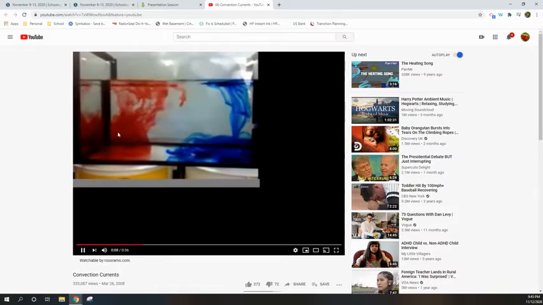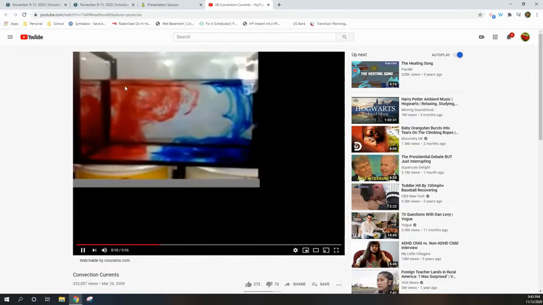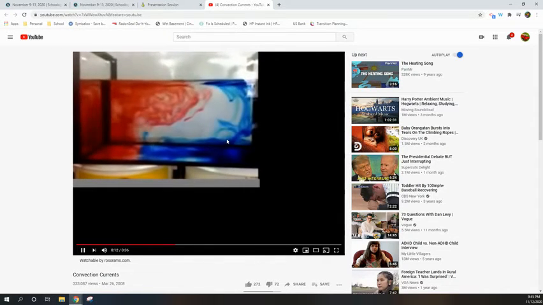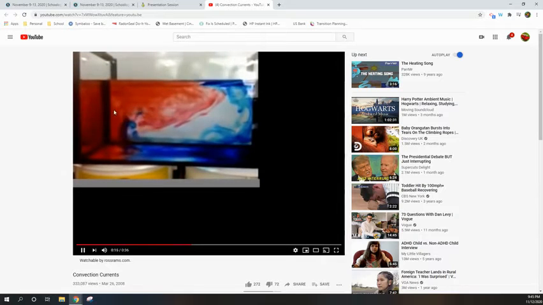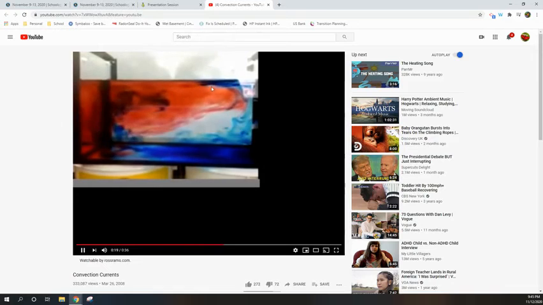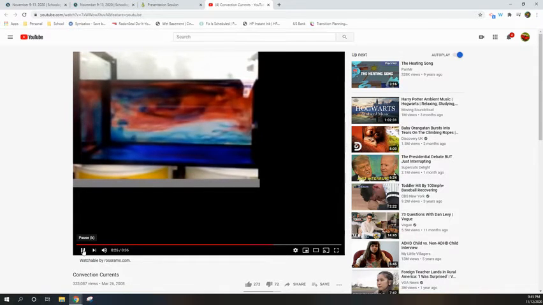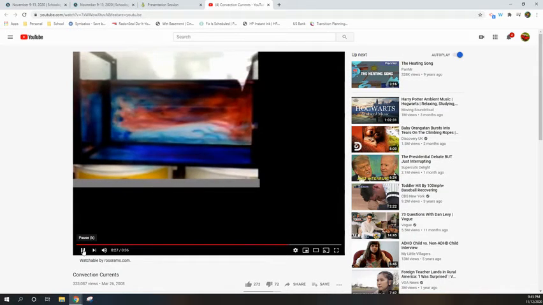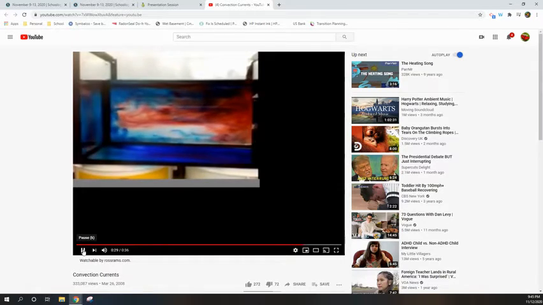Warmer liquid is going to rise because it's less dense. Cooler liquid is going to sink because it is more dense. Eventually, as the cooler liquid warms up, it's going to rise, and as warmer liquid cools, it's going to sink. Hence the terms heat up, cool down, all caused by the differences in temperature and densities of these waters. So the density changes because the temperature changes.